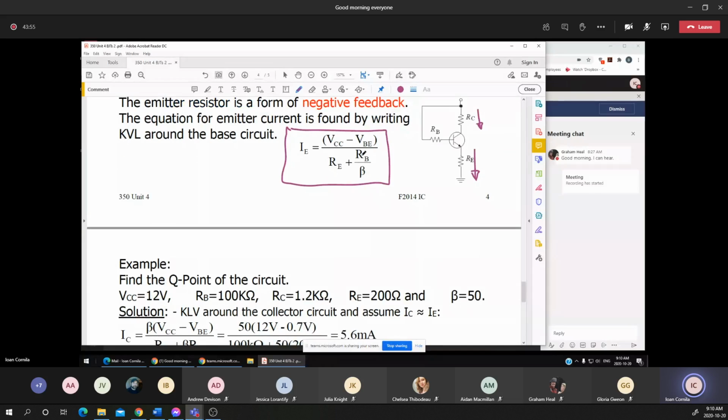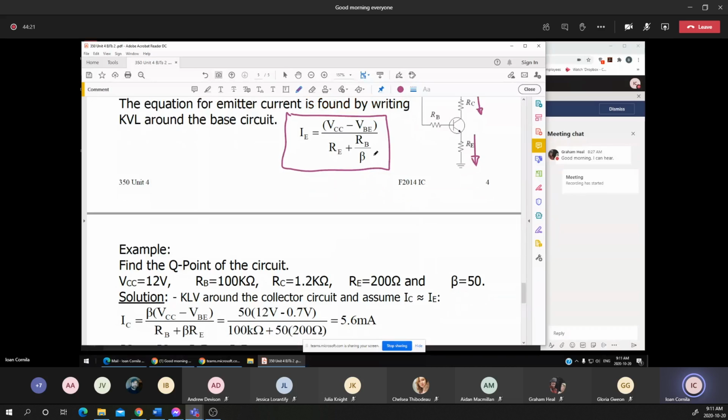Now we may simplify and we may see a different look of this equation, but it is the same equation. You notice that I have a fraction and another fraction on the denominator, and this is what I'm trying to simplify, the denominator of this main equation.